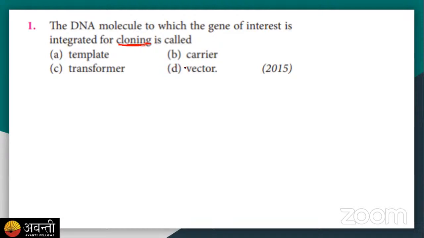So the only answer we have is the vector. Vectors are those DNA molecules which are able to carry our gene of interest for cloning. Carriers are just to travel, to take your gene of interest from one place to another, but here we have cloning included. That is why we can say the vector is the correct answer.